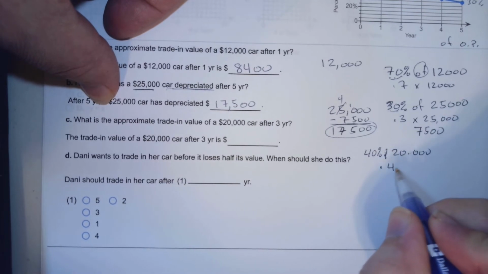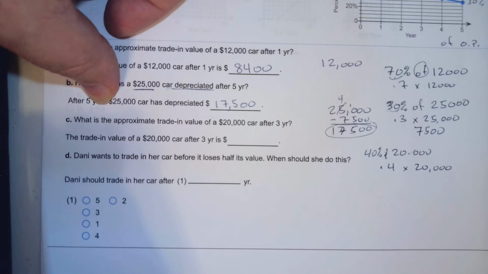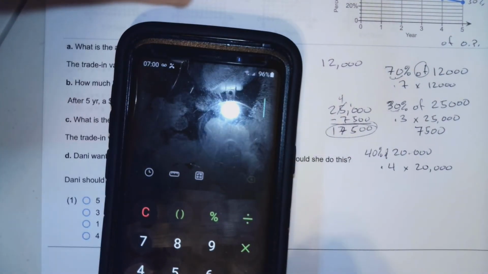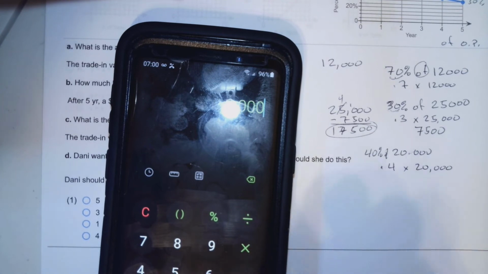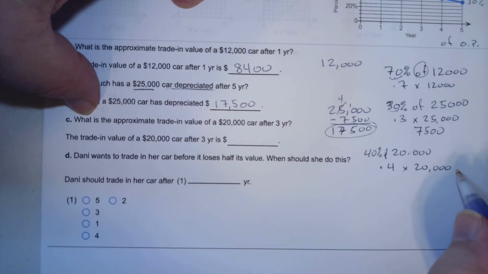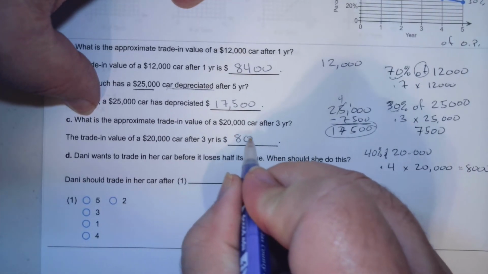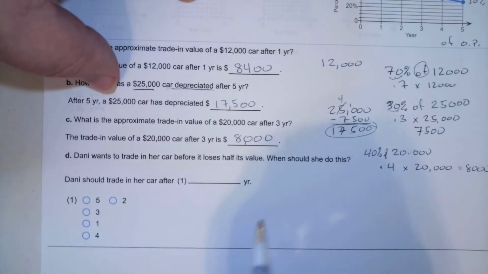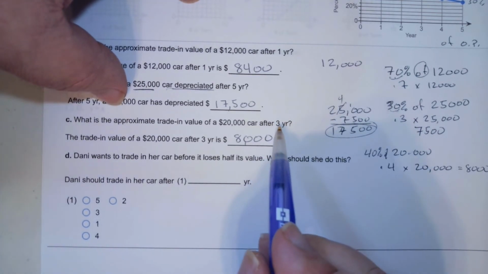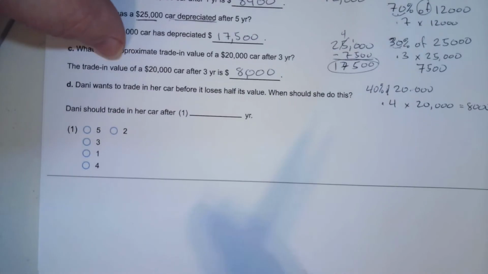So it's 0.4 times 20,000. This one is 8,000. So 3 years after you bought a $20,000 car, it's only worth 8,000. Amazing.